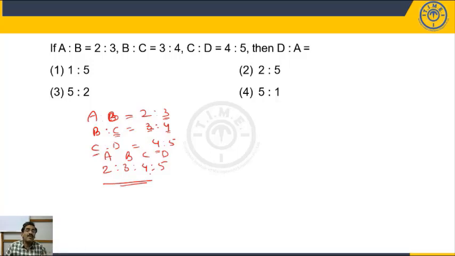That's the reason we will directly focus on the easy way of getting the answer, rather than finding how many parts A, B, C and D are. Any ratio A is to B we can write in the form of A by B also. We all know that. So A by B is given as 2 by 3, B by C is given as 3 by 4, C by D is given as 4 by 5.